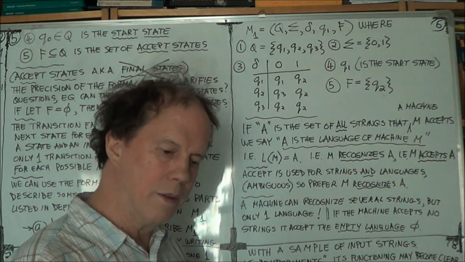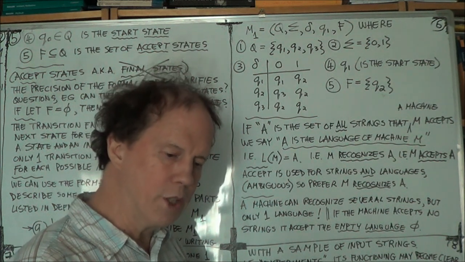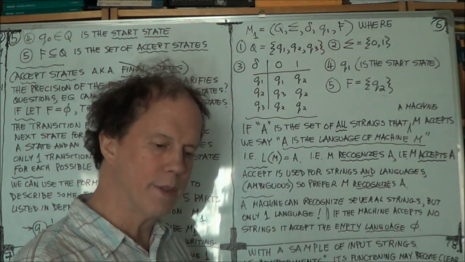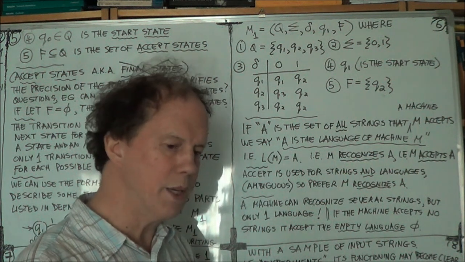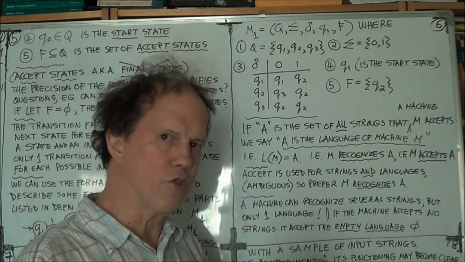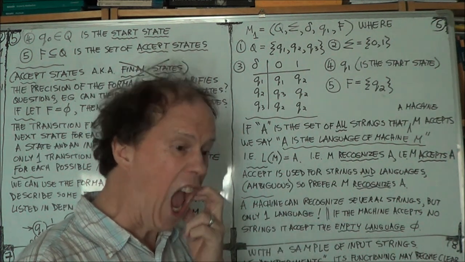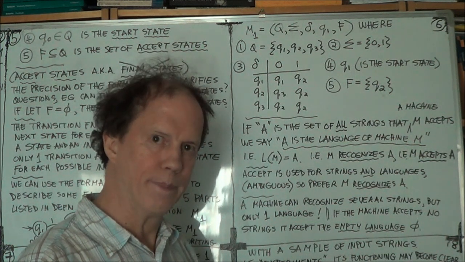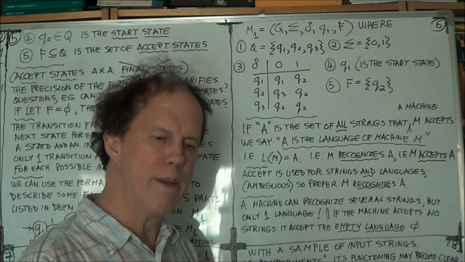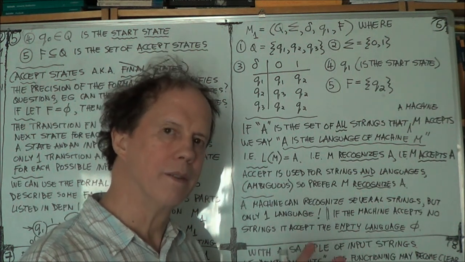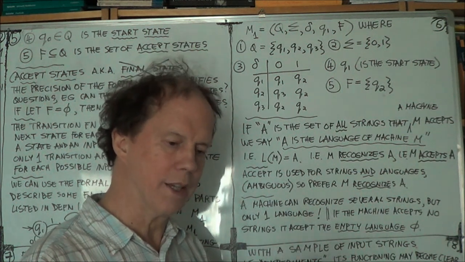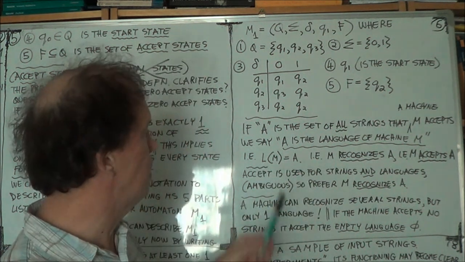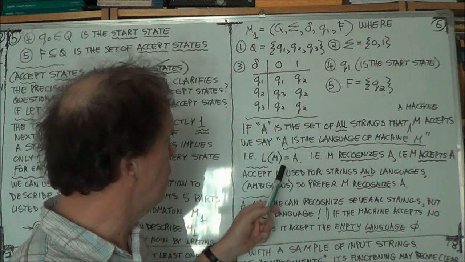If an automaton recognizes language A, spelling it out in more detail, it means that every input string of that language is accepted by the automaton M. Every member of that set. And remember, a language is just a set of strings, in this case, accepted strings. So A here is the language of machine M.